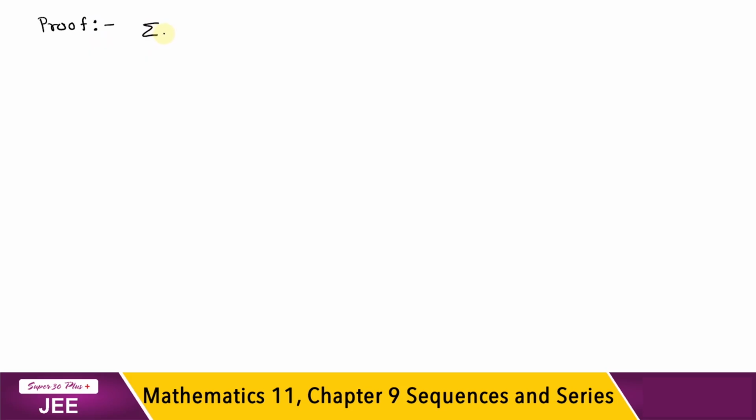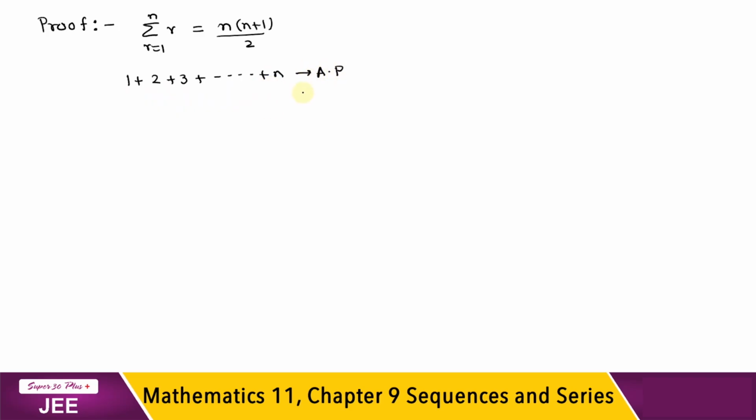Sigma r, r equals 1 to n, is given as n into (n plus 1) by 2. So sigma r means 1 plus 2 plus 3 till n. Now one can easily see that this is just an arithmetic progression.